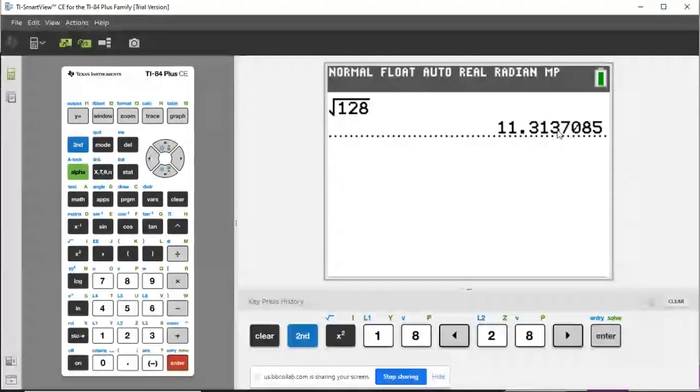All right. So if I want to round to 3 decimal points, look at that. I have 11.313, right? This is the 3 decimal points I have to keep. And then I have to look at the next digit. My next digit here is 7, which is 5 or above, so I have to round up. So my final answer should be 11.314.